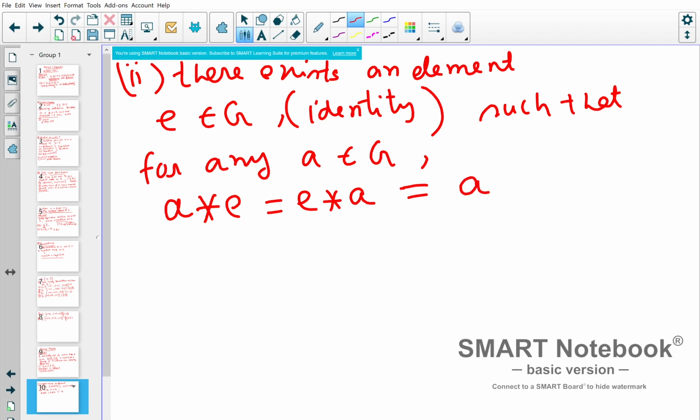So this element is called the identity if it exists. This is the second property it should satisfy, existence of identity.